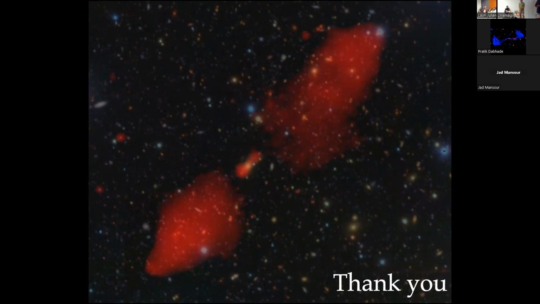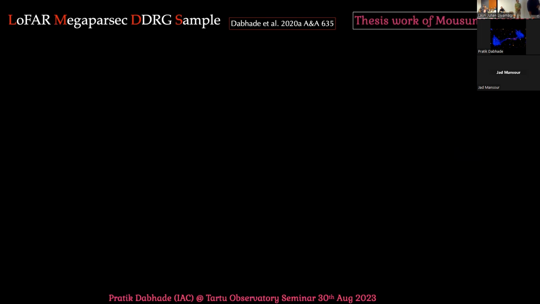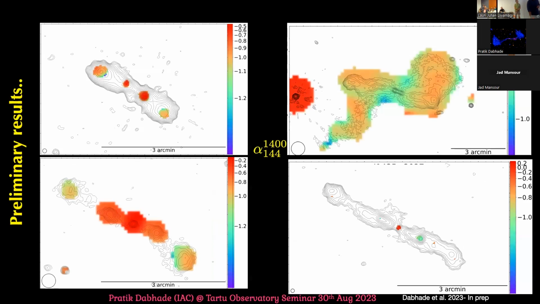It's something I just misunderstood. Maybe it was very, very interesting, but at some point I lost it. Where you show the spectral age, the colorful one.